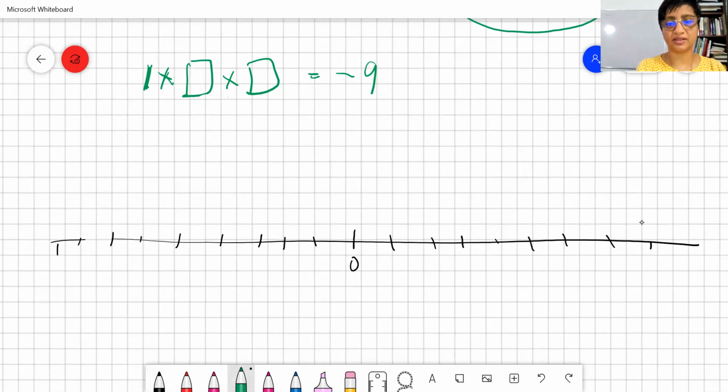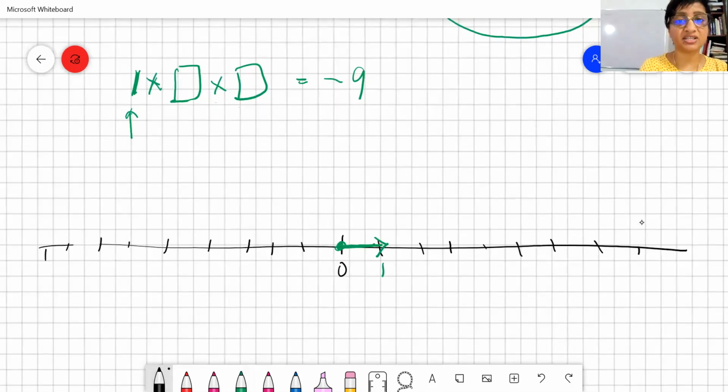If I start with this, now I want all of you to think like mathematicians. That's 1. I start with 1. And now multiplication is what? Shall we think about negative 1?